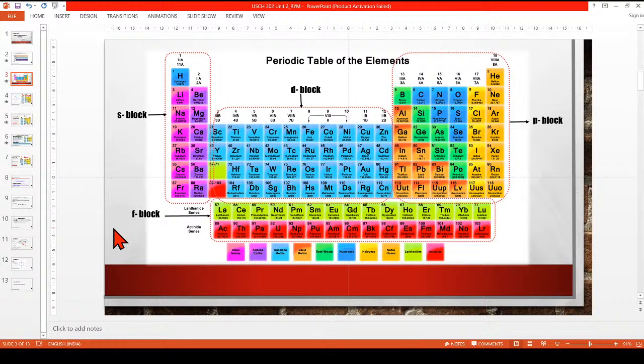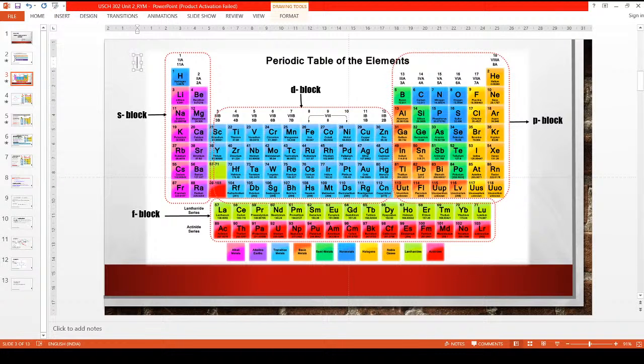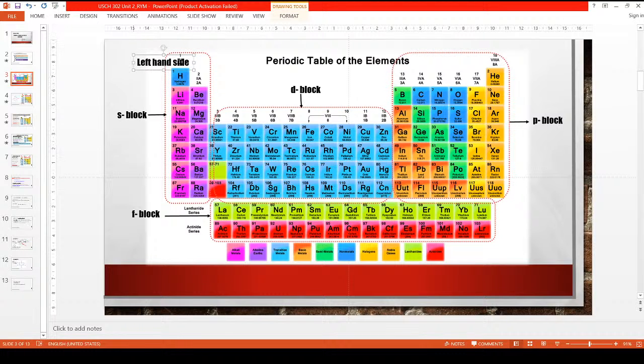On my left hand side, it is the left hand side of the periodic table. Though if you sit in the place of the periodic table, it would appear as the right hand, but whenever left hand or right hand is mentioned, your left hand is the periodic table's left hand.